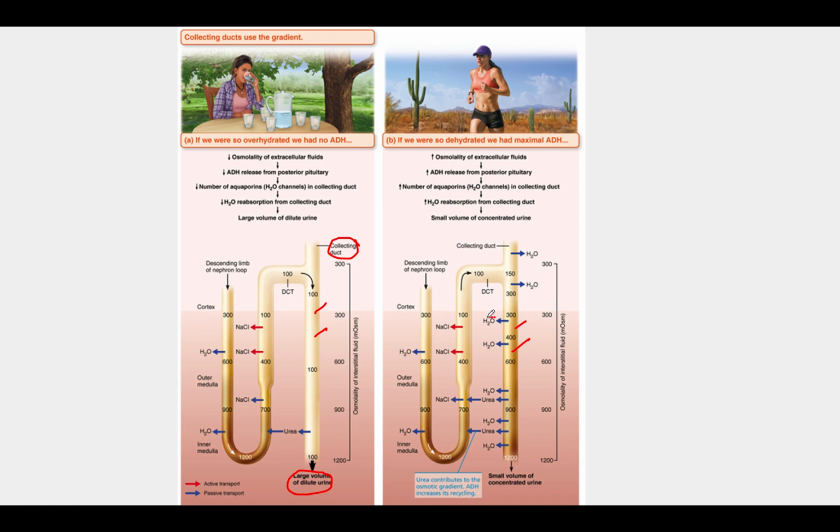So you can see right here, water got passed through and it's sent to the extracellular fluid, and that causes an increase in extracellular fluid osmolarity. And the result will lead to a small volume of concentrated urine.